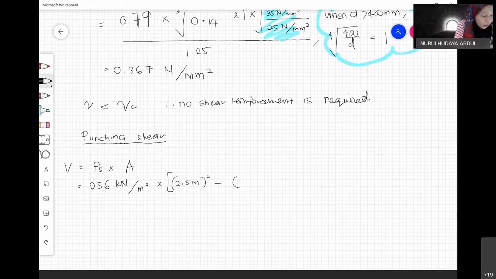But we need to tukar dia tu meter. So 2020 akan jadi 2.02 meter. Okay, nak dapatkan area, so kuasa 2 lah. And we're going to get something like this, 2.168. Okay. So thank you.